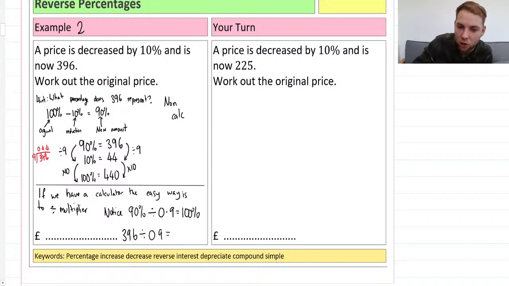Now you can't always use that if you haven't got a calculator, but I'm showing you this technique as well. So this is the calculator way, and that's the non-calculator way. So have a little go at the question on the right hand side. I'll give you a second to have a go at that.